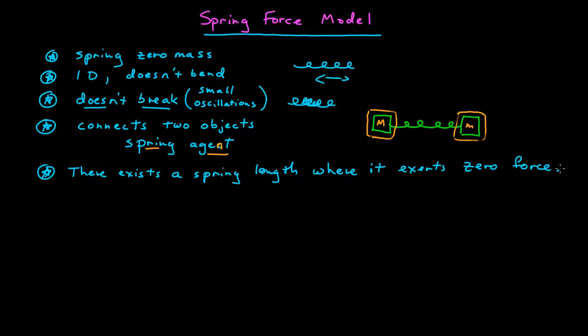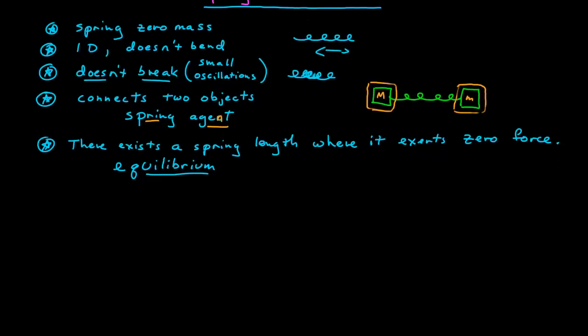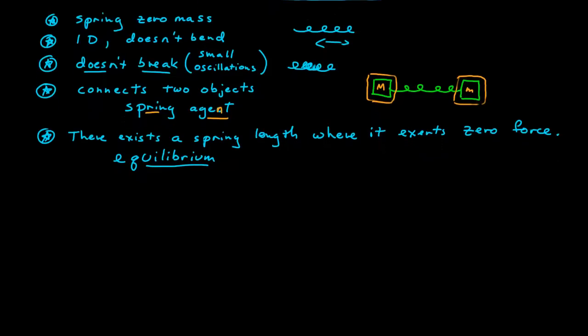And I called it before the natural length of the spring. Another word that we want to use to describe that is the spring is in equilibrium. And so there exists a spring length where it exerts a zero force, and we call that length its equilibrium length. Given those conditions, we can now come up with a model for the magnitude and direction of the spring force.